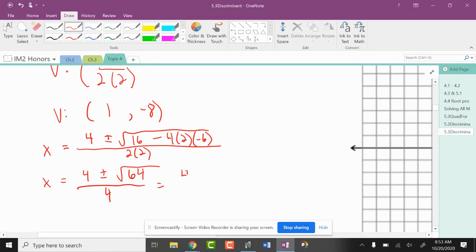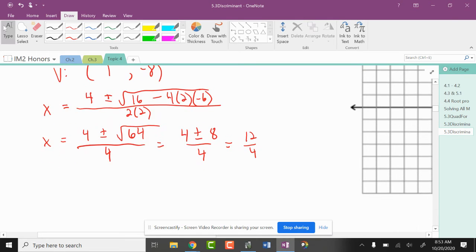So this is 4 plus or minus 8 over 4. What does that give you for your two numbers for this? Hold on. What's 4 plus 8? 12. What's 12 over 4? 3. Okay. And then what's 4 minus 8? -4. What's -4 over 4? -1.